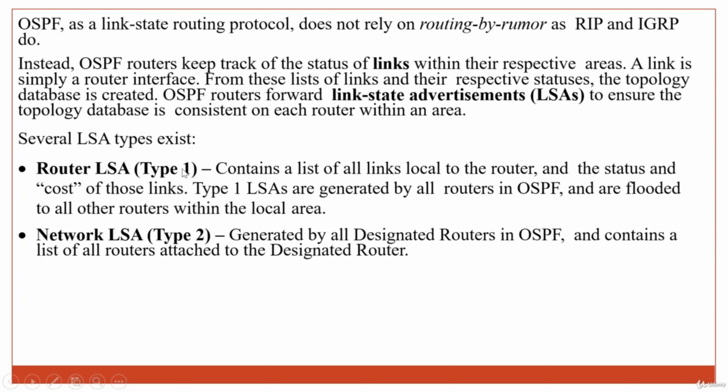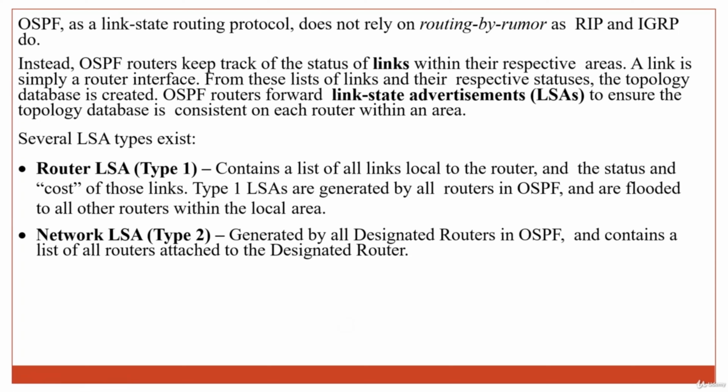Now here you can see the detailed explanation of all the LSA. Type 1 is LSA and type 2 as well. They are within the area. Use of type 1 LSA is that they have the link, obviously the status and the cost of all those links, and they are generated by all the routers in a network.